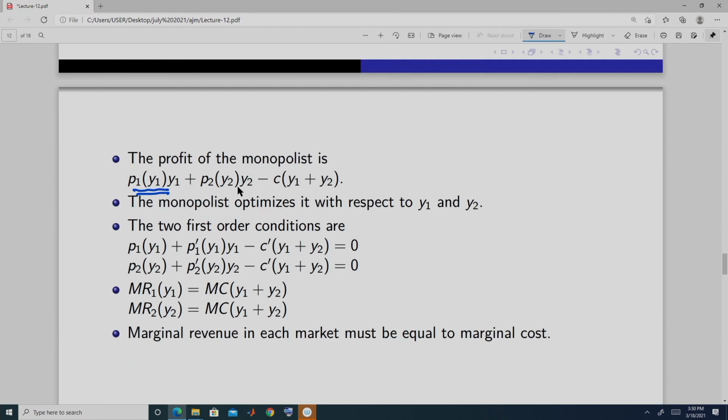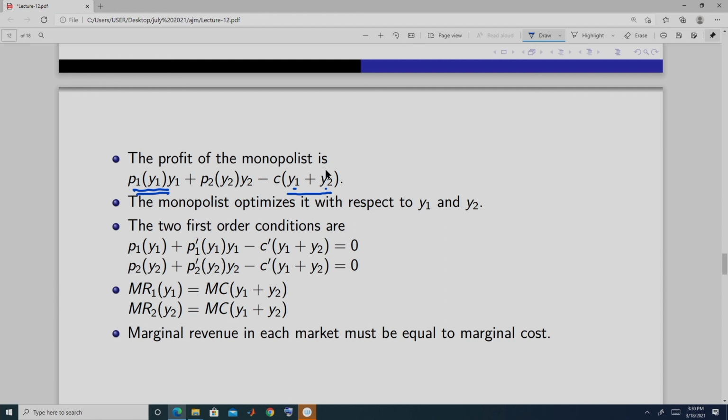So, this portion is the revenue from selling to type 1 consumers. This is the revenue from selling to the type 2 consumers, and this is the total cost of producing Y1 and Y2. This is the total output it is producing, and the goods are identical in nature, so the cost is the same.